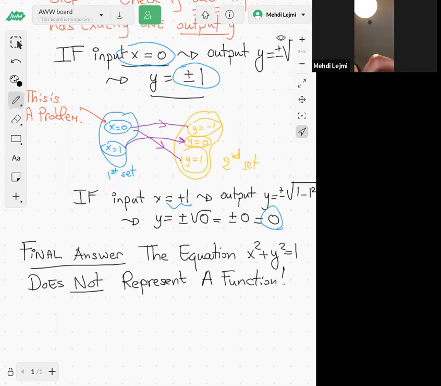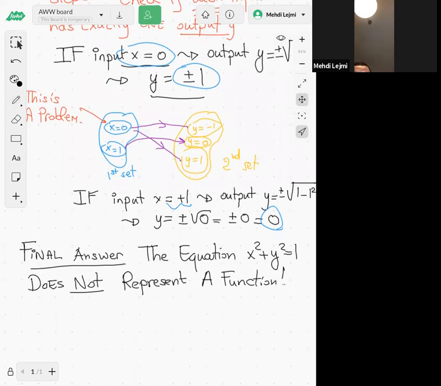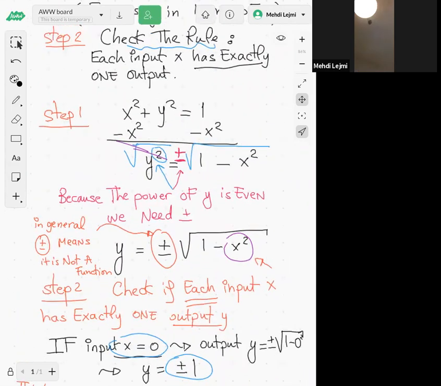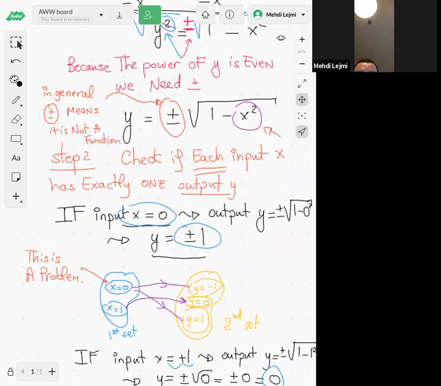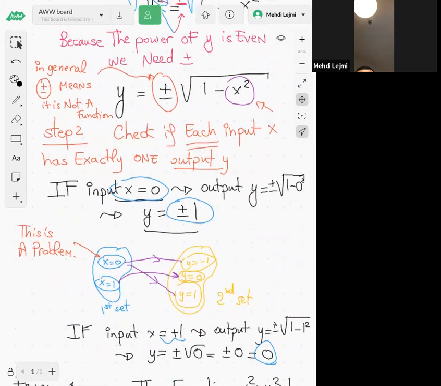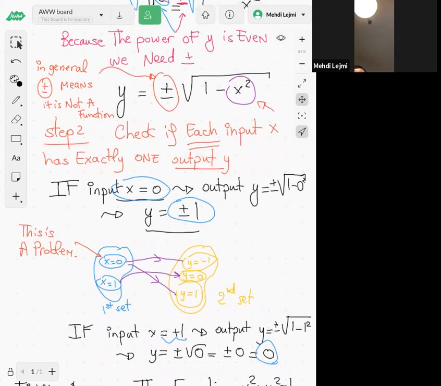Is there any question, guys? Do you see why this is not a function? Again, there are two main steps. Whenever you have an equation between x and y and you want to determine whether it is a function or not, first you try to solve for y. Once you solve for y, you check if for each input x, you're going to have exactly one output. Here, I solved for y, and then I said if my x is 0, I'm going to end up with two outputs, plus or minus 1.